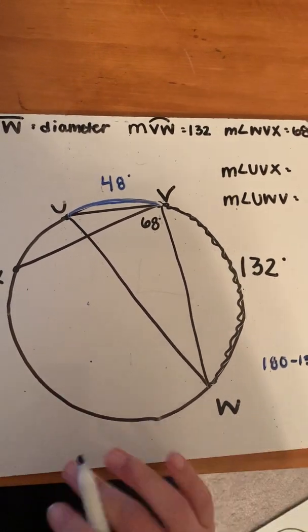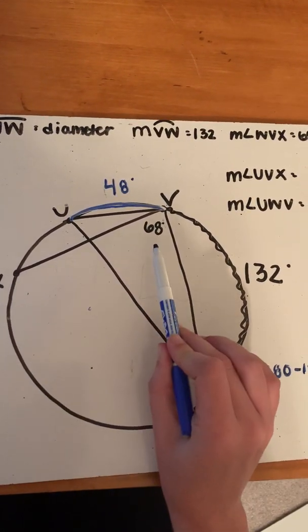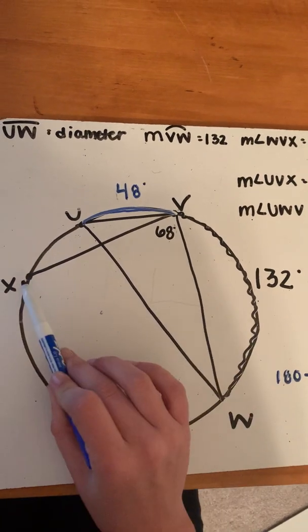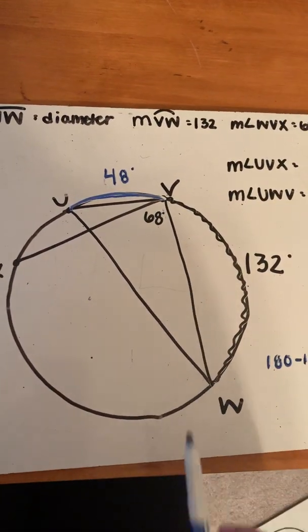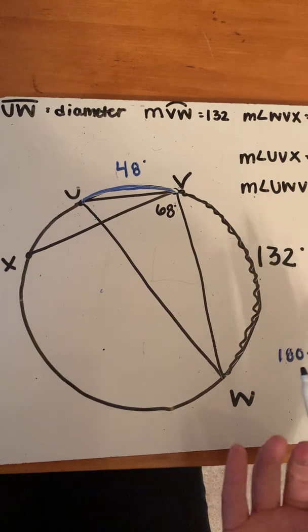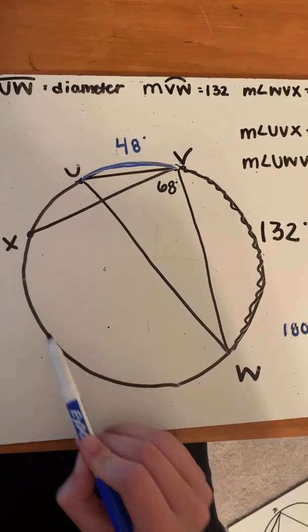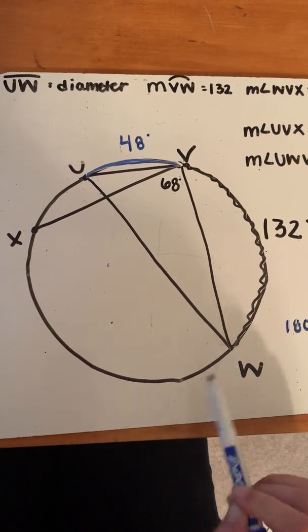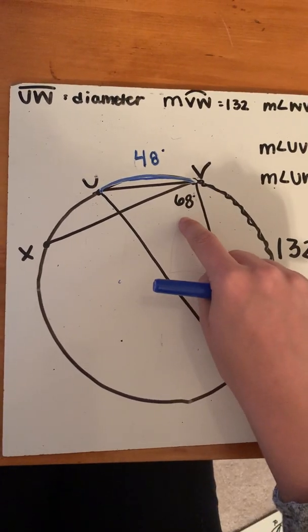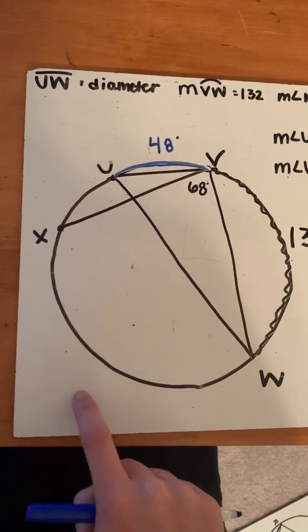We can set up similar things over here. If we know this angle is 68 degrees, what type of angle is XVW? It's an inscribed angle. How does the inscribed angle relate to its arc? It's half of it. So this angle, 68, is half of this measurement here.